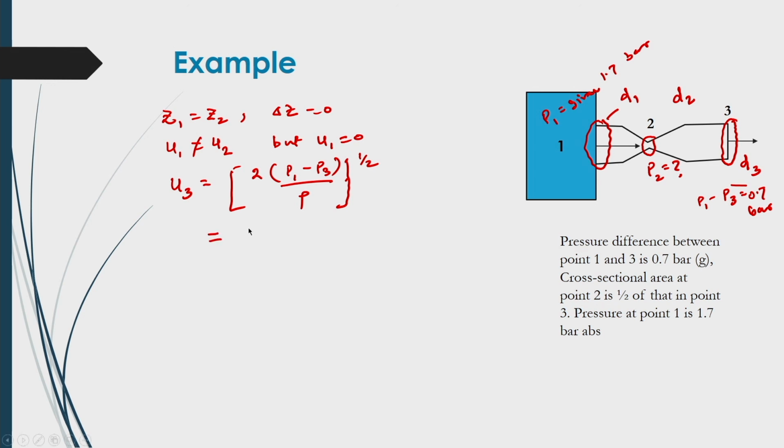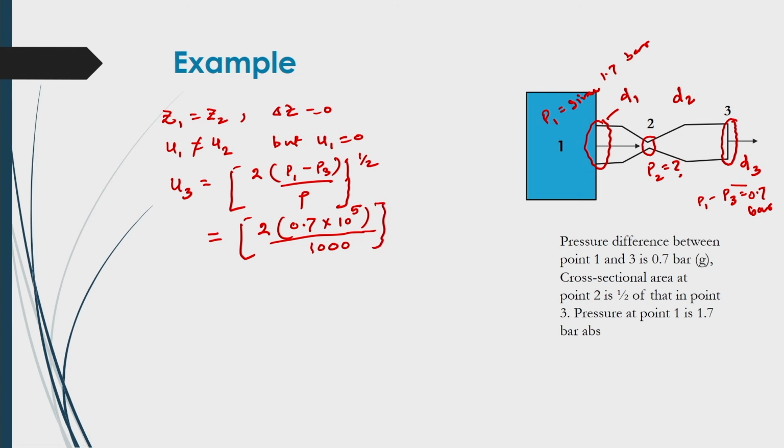So, after substitution, we have 2 into the pressure difference between 1 and 3, that is 0.7 bar, multiplied by 10 to the power 5 to get Newton per meter square, divided by the density of water, 1000.